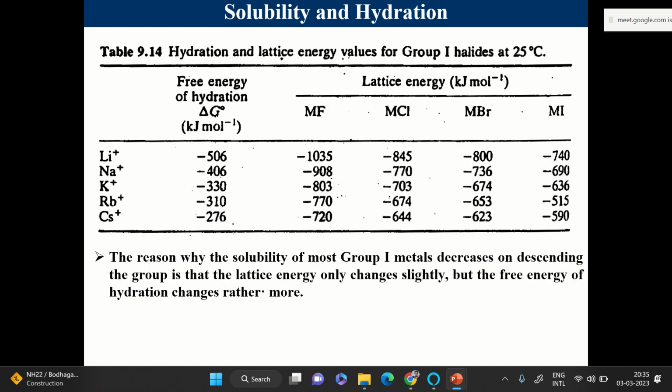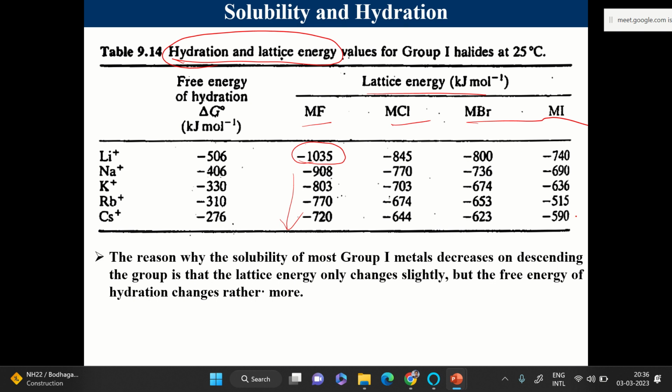This kind of situation you can see here in the hydration enthalpy of the group I halides. You can clearly see the lattice energy for MF, MCl, MBr, all of them. For lithium it is maximum, and then it decreases down the group in magnitude.